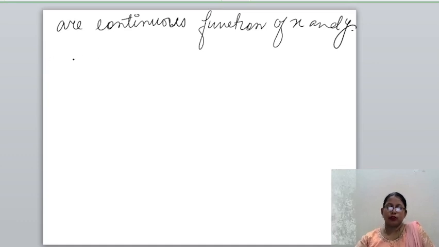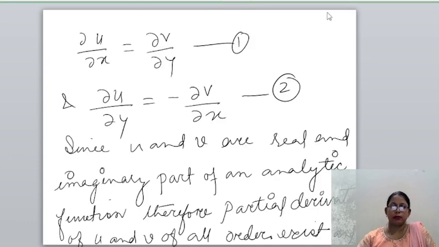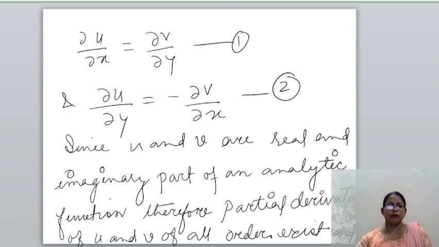So differentiating 1 partially with respect to x, you will get del 2u del x2 on the left-hand side. Here in the right-hand side it is del 2v del x del y.